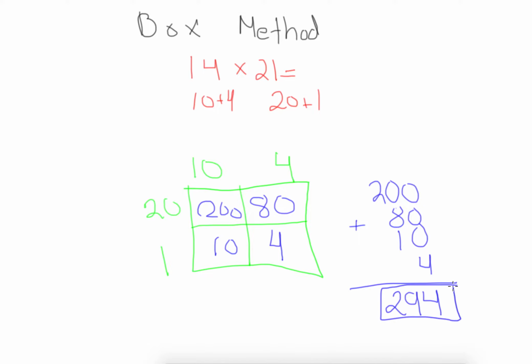So then I'll get my final answer of 294. So now I know that 14 times 21 is 294.